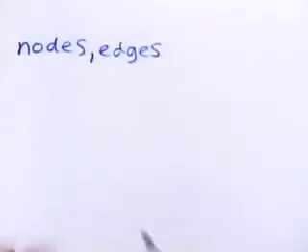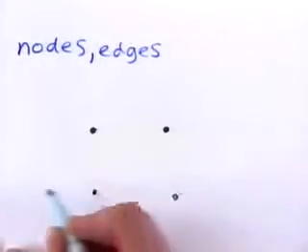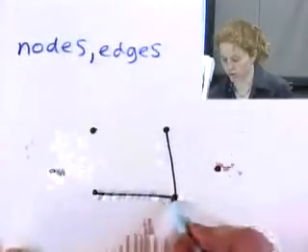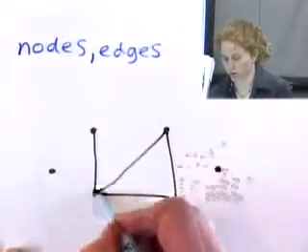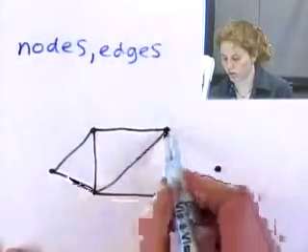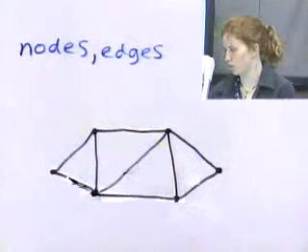Okay, so sometimes we have graphs that have nodes and edges, but they have one more thing. So here's an example graph. Say that these are cities that are connected by interstates.